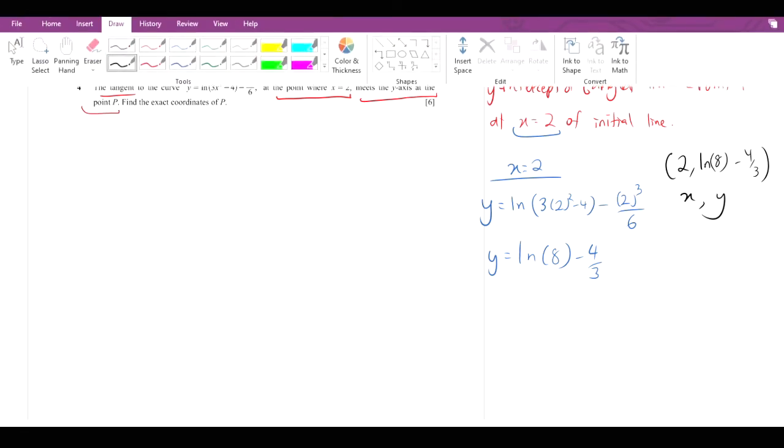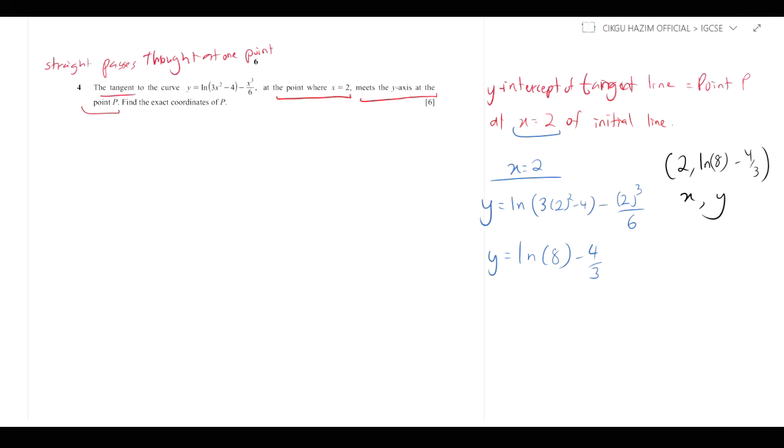Right now, how to find the tangent? Always remember that dy/dx is always the gradient of the tangent. Please always remember that. So we just need to find dy/dx. You differentiate inside the bracket here, so it's going to be 6x divided by the initial bracket, 3x squared minus 4.